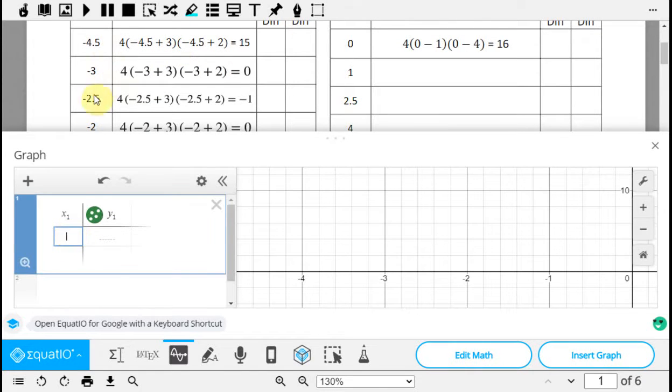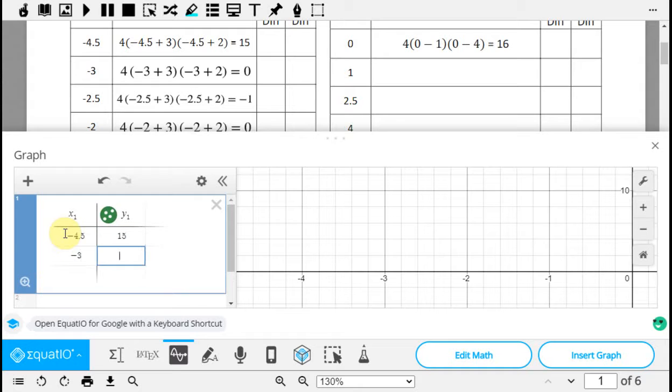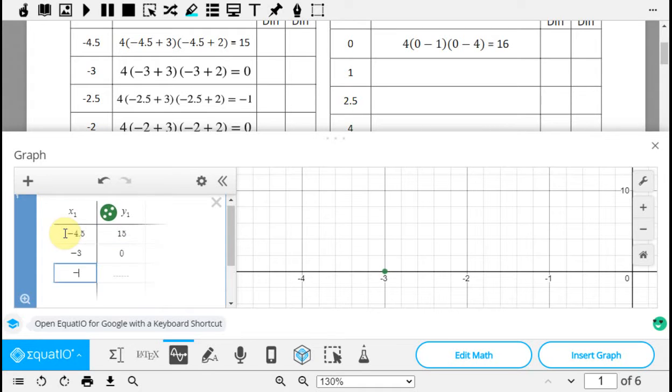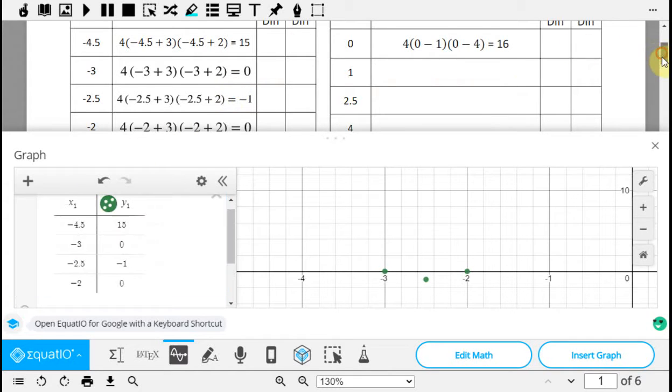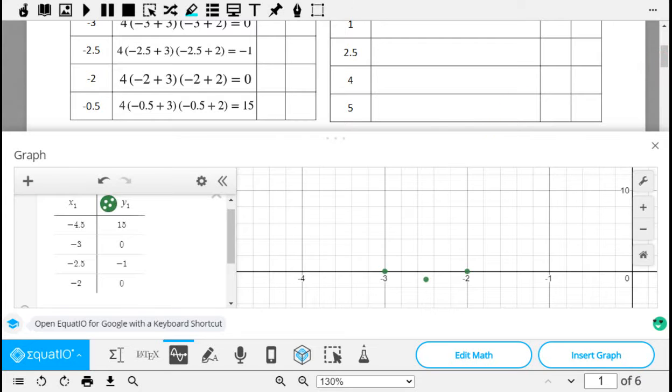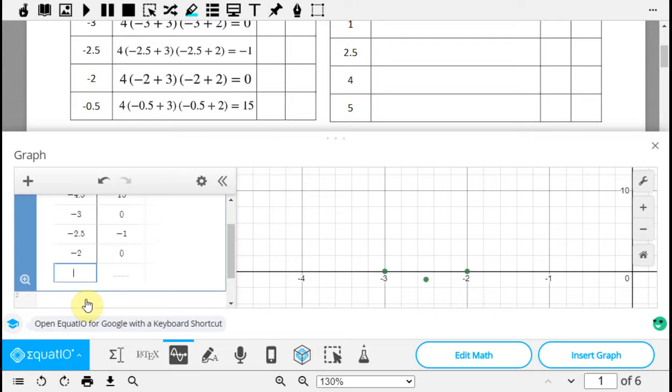So the first value is minus 4.5, and then we have 15. Minus 3 and 0, minus 2.5 and minus 1, and minus 2 and 0. And looking down, we also have minus 0.5 and 15.